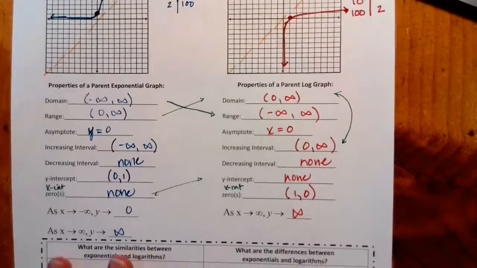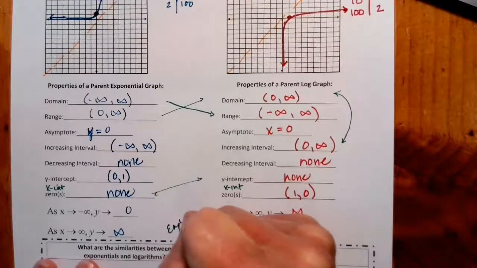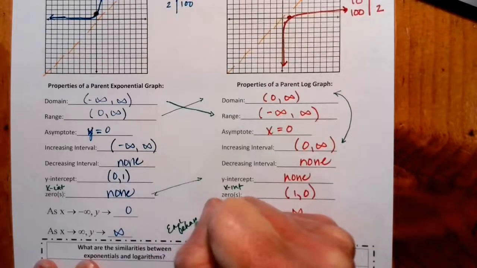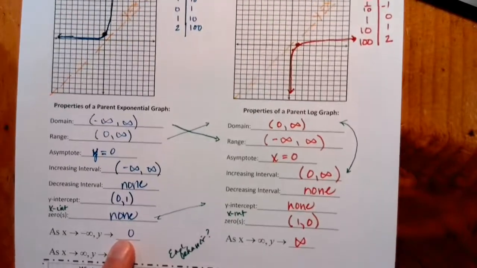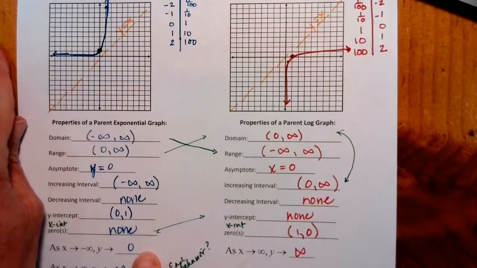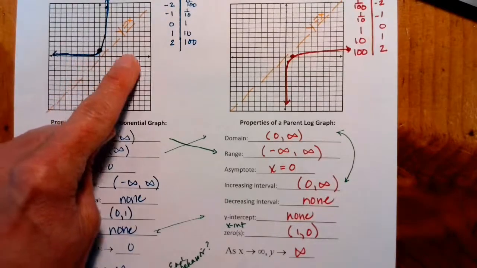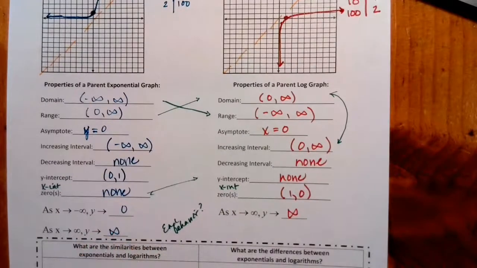All right, so when we talk about end behavior, where is this graph going? That's what we like to ask ourselves. As my exponential graph goes to negative infinity, it's going to approach 0. As it goes to positive infinity, it's going to approach infinity. So we have those two answers there.